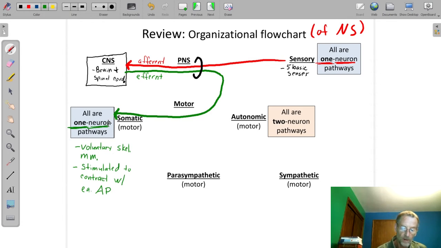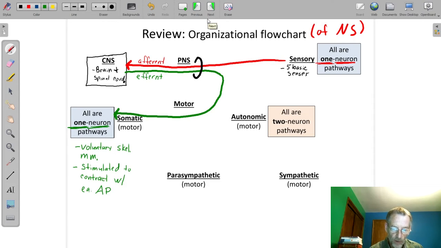Or maybe it's a single neuron that's going to your temporalis muscle or your masseter or any of your muscles of facial expression, because those are all voluntary. All right, keep on with this review.